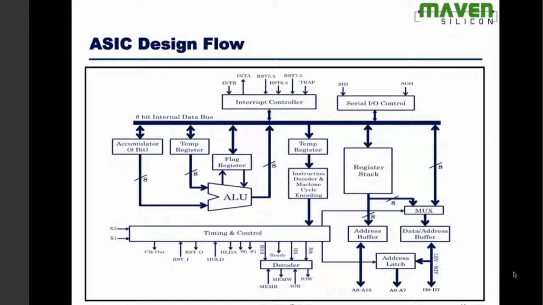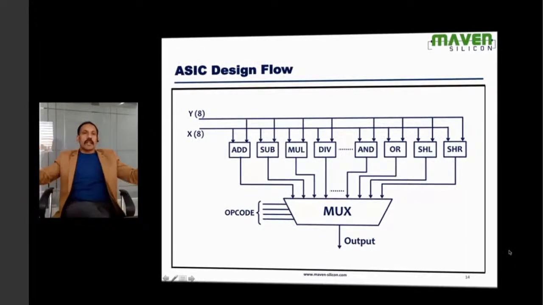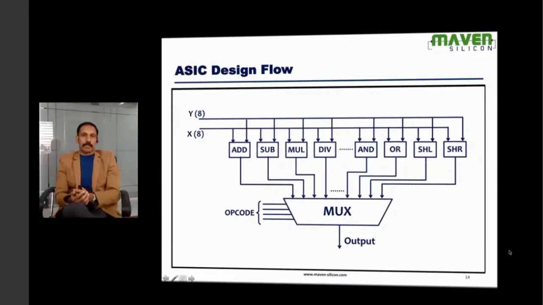For example, you are new to the organization, then you might be asked, hey, why don't you design the arithmetic logic unit? Then you might want to apply your digital knowledge and create the microarchitecture, something like this. Then there will be different engineers, they create different components, and finally the tech lead is going to put all the components together, and then he's going to create that particular subsystem.